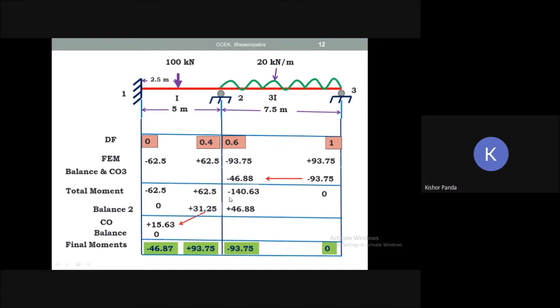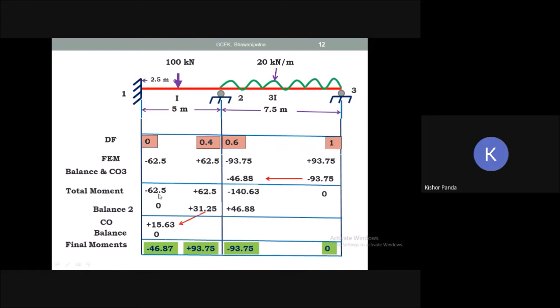Then you go for the other joints. First you take the balancing of the simply supported end, then you go for the balancing of other joints. Then you go for joint 1, or support 1.